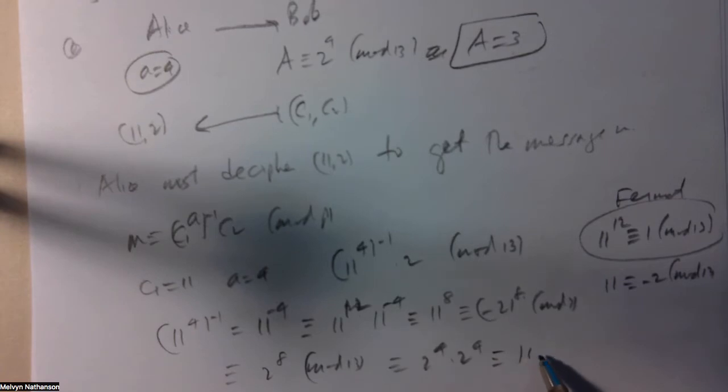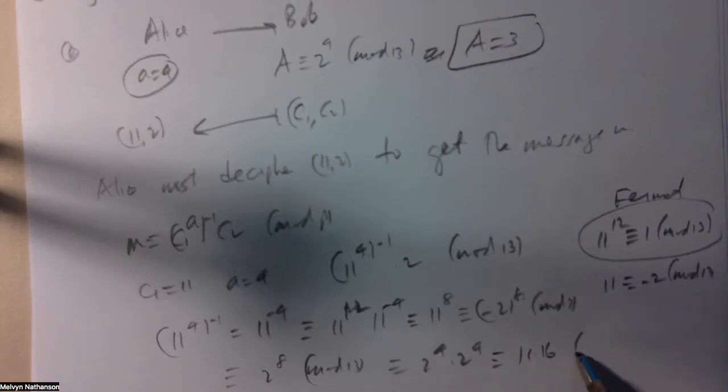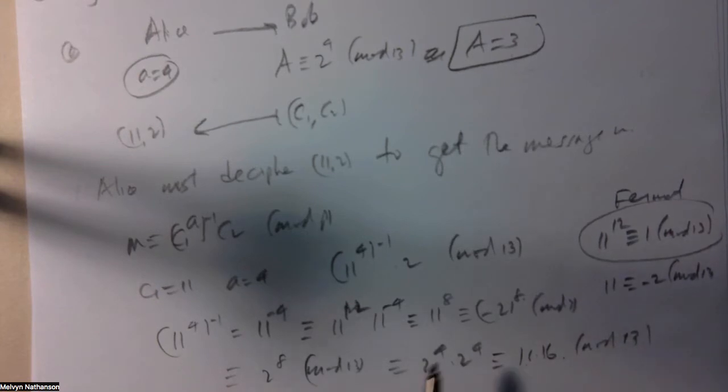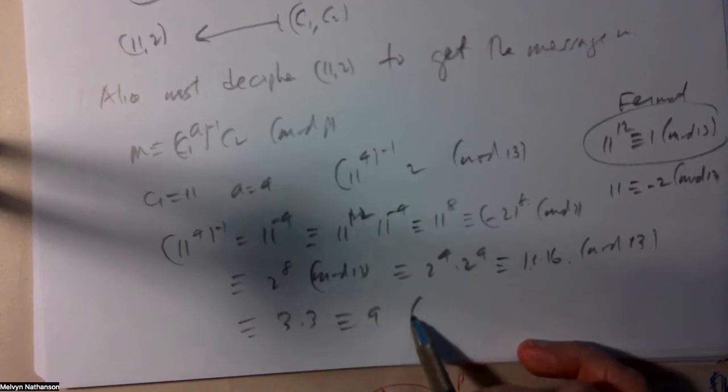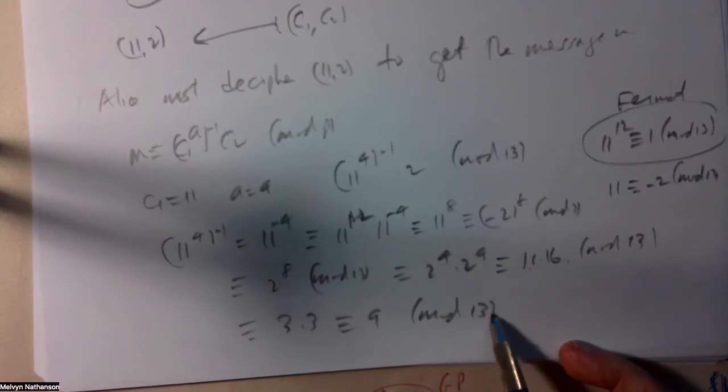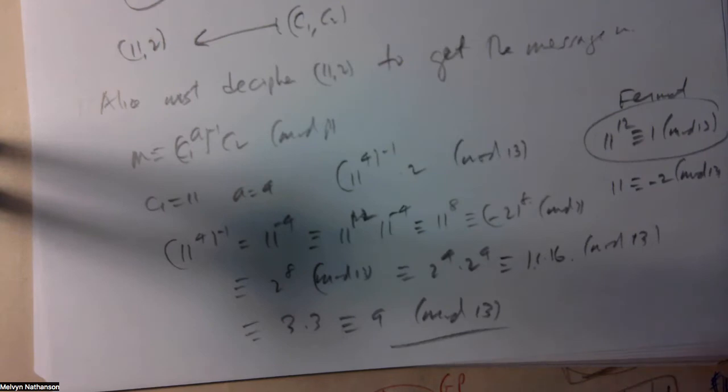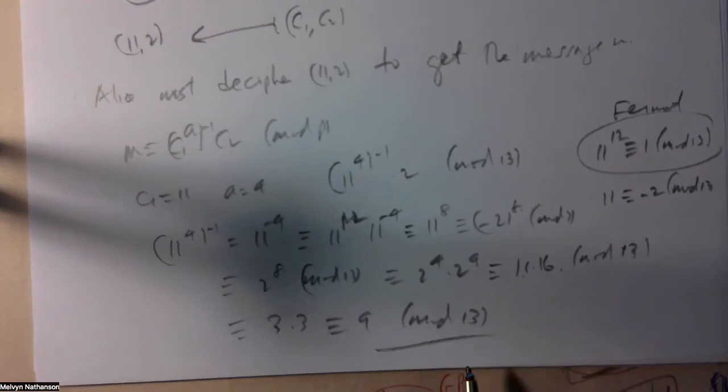That's equal to 16 times 16 mod 13. 16 is 3 mod 13. So that's congruent to 3 times 3, or 9 mod 13. So this is the decryption using ElGamal.